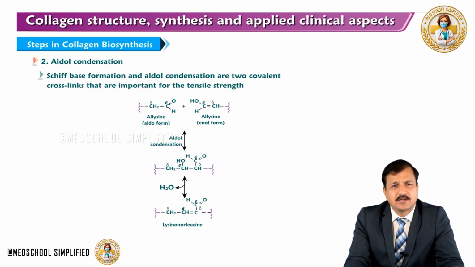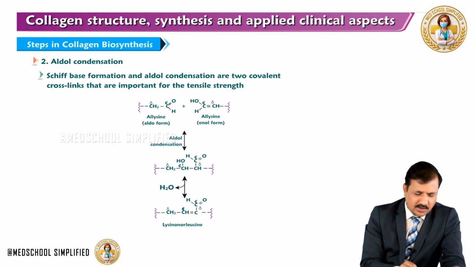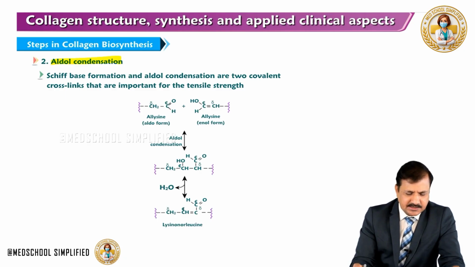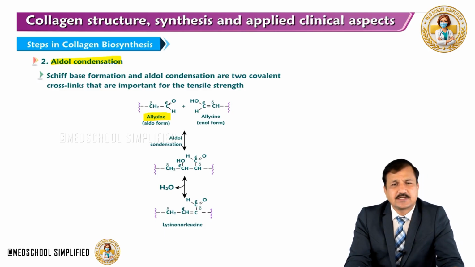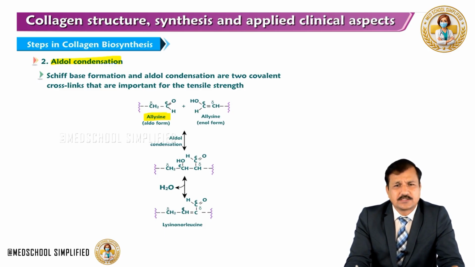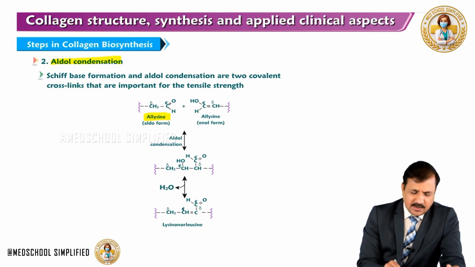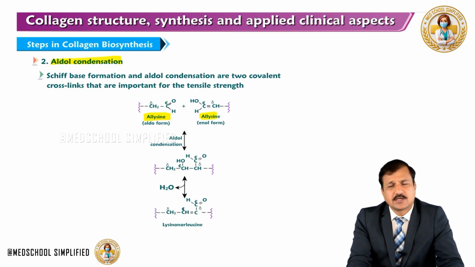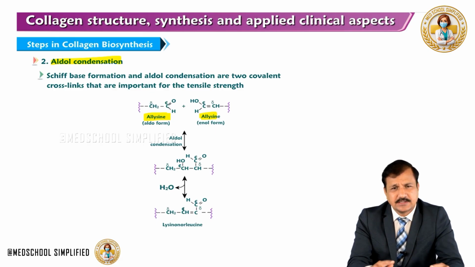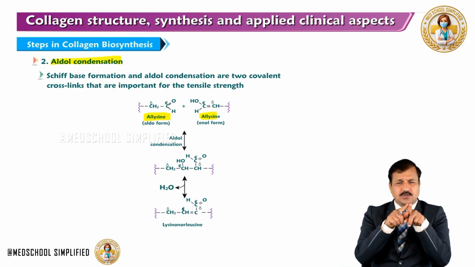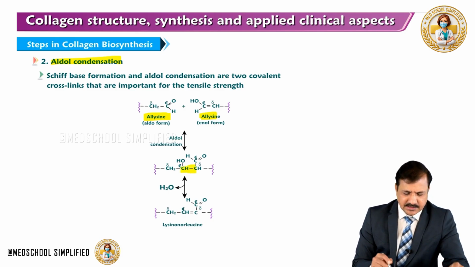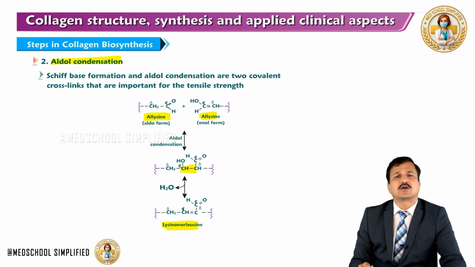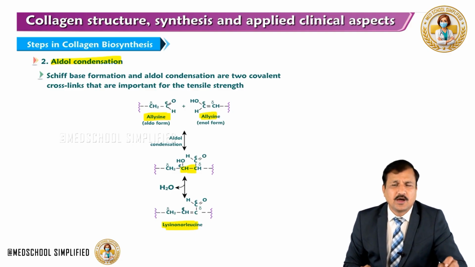The second one is aldol condensation. In the aldol condensation, one of the modified lysines, that is allysine, in one of the alpha chains of a tropocollagen molecule, and another allysine in another alpha chain of the tropocollagen molecule, come together, making an aldol condensation, and this is again a strong link between two alpha chains.